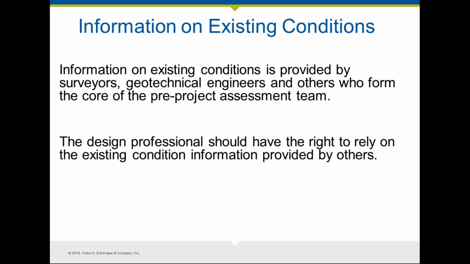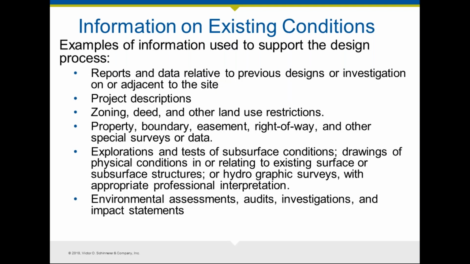And oftentimes that is addressed by putting it in your contract or having the owner engage the services of others. But this needs to be fleshed out clearly so that you know exactly what it is that you're dealing with. So here are some examples of information that is used to support the design process.